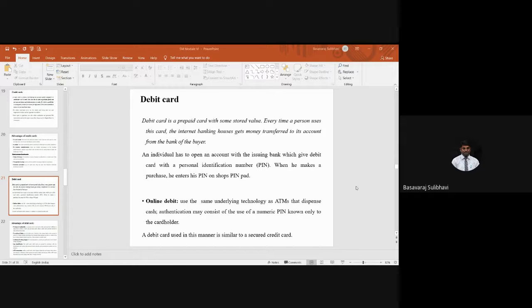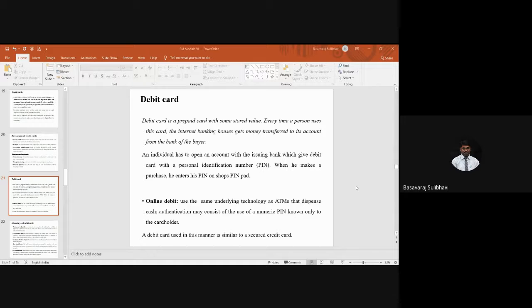When you use your debit card, the amount will be deducted from your account itself. So every time a person uses this card, the merchant's bank gets money transferred from the bank of the buyer. I mean, the bank will be transferring the amount directly from the account of the holder.